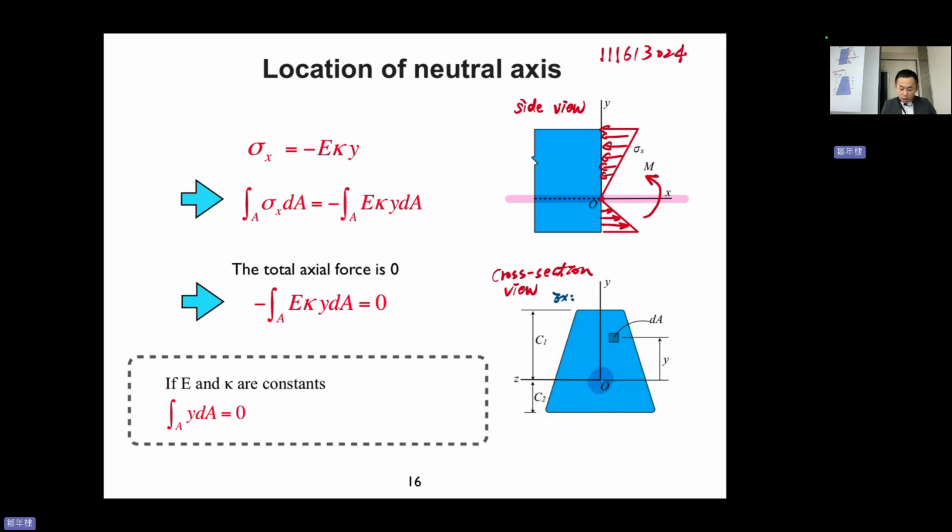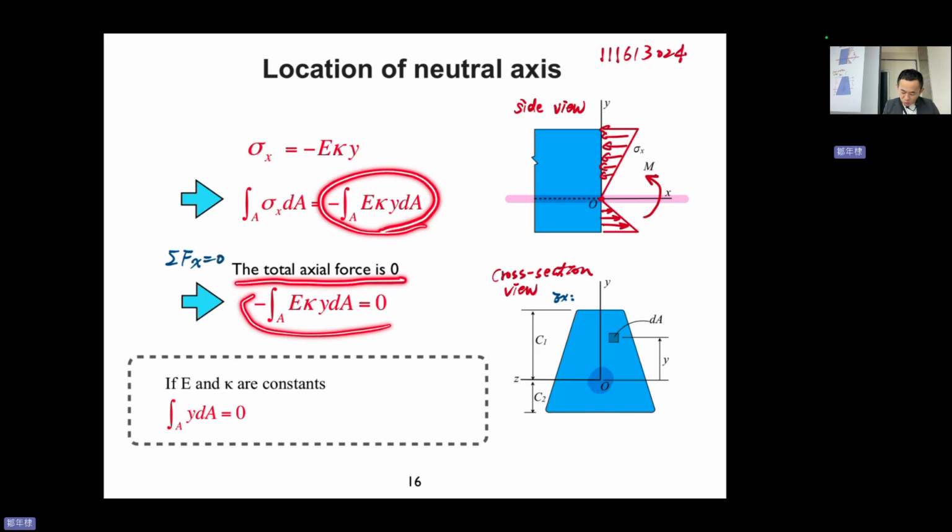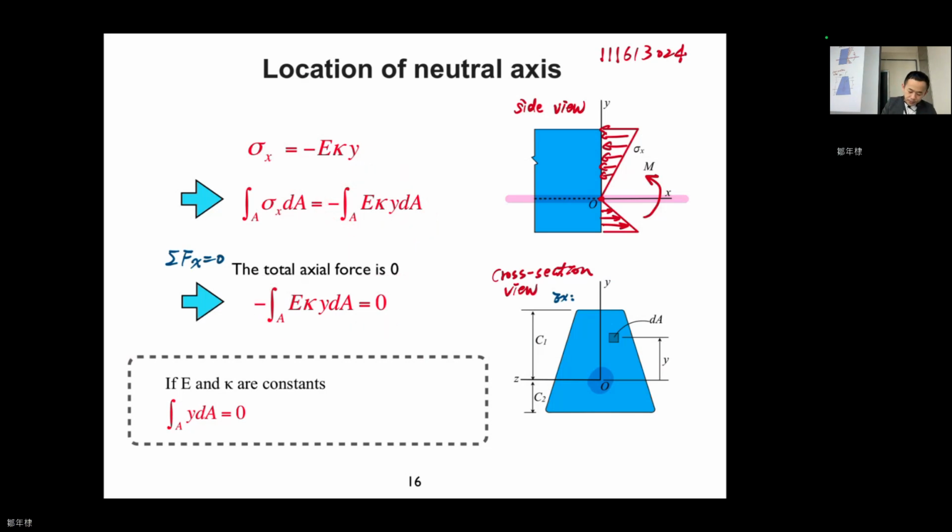The total force in this cross section needs to follow the sum of Fx equal to 0. So the total force equals 0. If E and kappa are constant, you can take them out of the integration, and because this is equal to 0, E and kappa and the minus sign can be deleted.